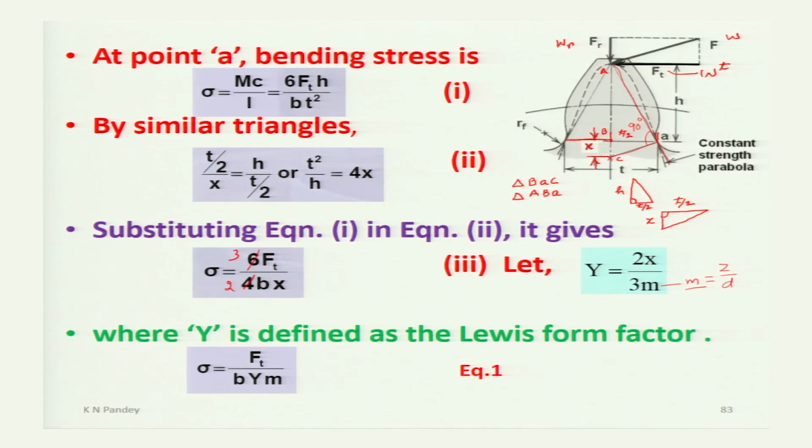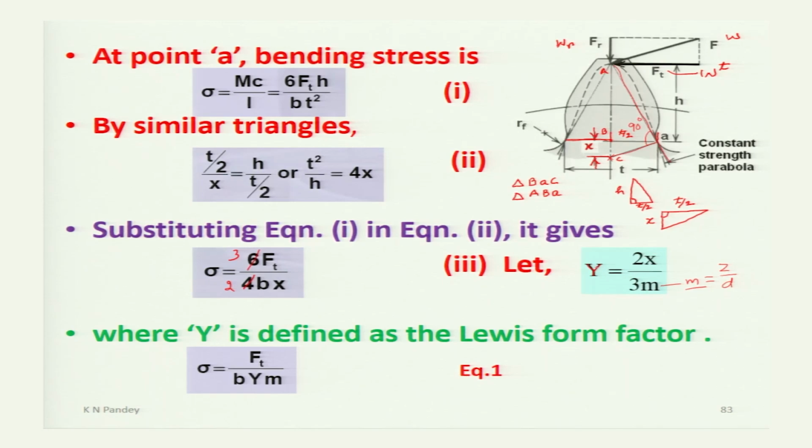Now let 2x divided by 3m be taken as a letter capital Y, which is called the Lewis form factor.